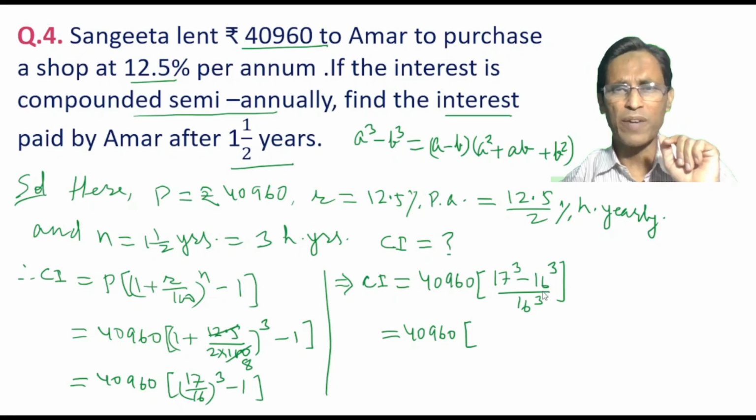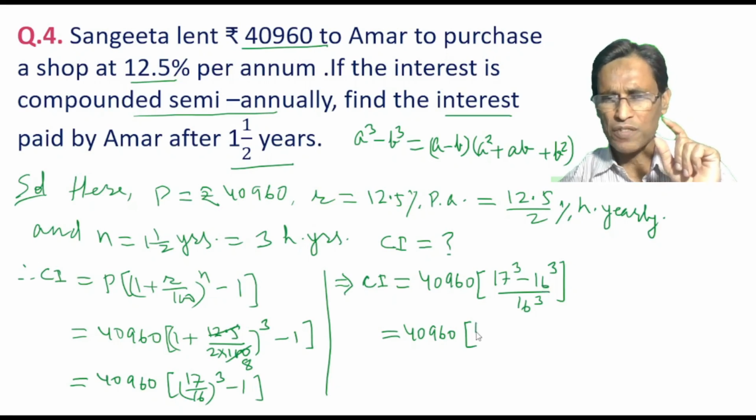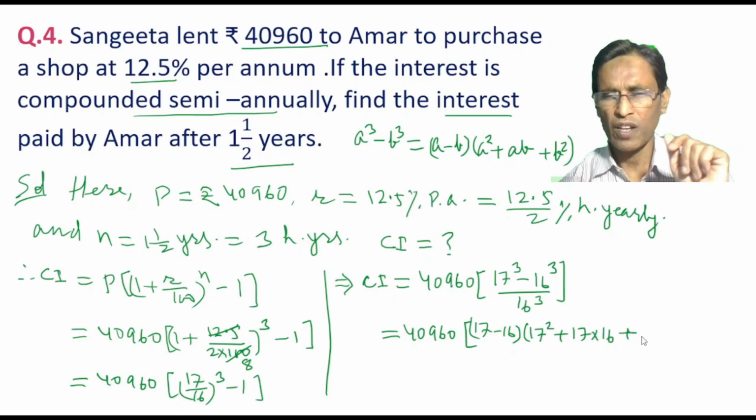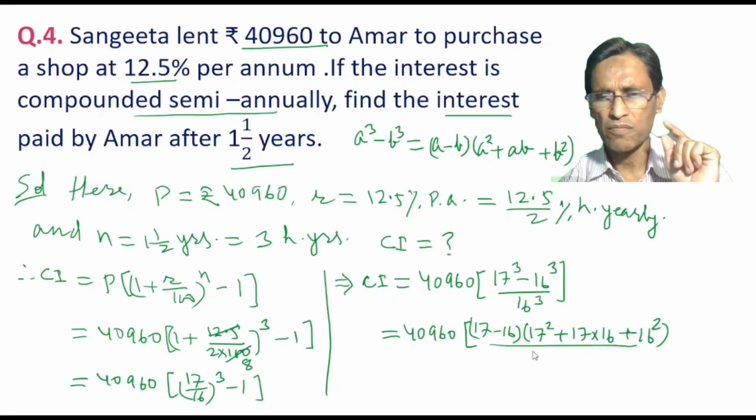By using the above identity, we have 17 minus 16 into 17 square plus 17 into 16 plus 16 square divided by 16 into 16 into 16.